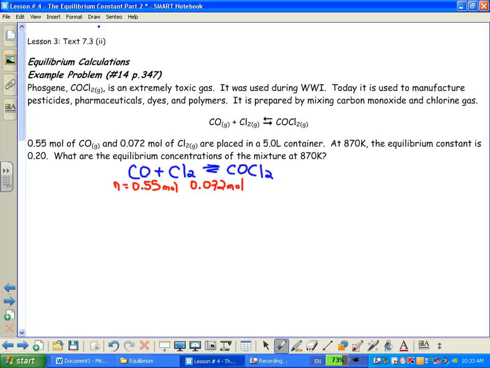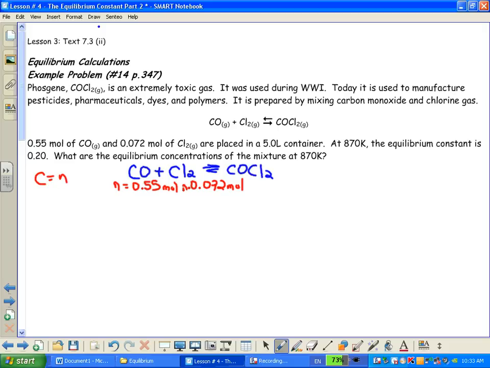However, remember when we're dealing with these equations, we want to put it into the formula that we used yesterday, where we had products over reactants, so that we can solve for the X value. We need to use concentrations, and moles are obviously not concentrations, so we're going to go back to the formula.